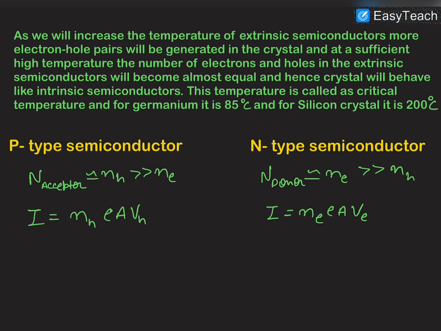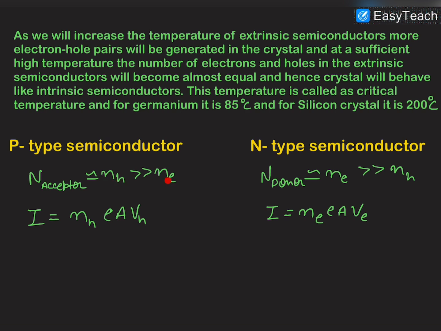Now, if we talk about the p type of semiconductor, and write down the value of current in p type, we know that in p type semiconductor, holes are the majority charge carriers, and this is the concentration of holes, which means the number of holes per unit volume.